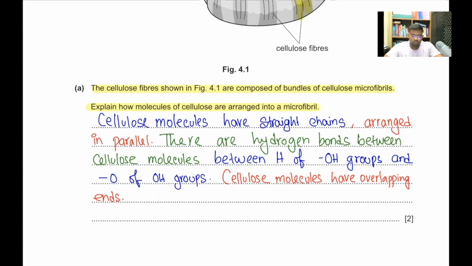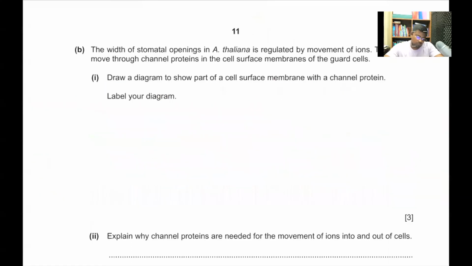Part B. The width of stomatal opening in A. thaliana is regulated by movement of ions. These ions move through channel protein in the cell surface membrane of the guard cells. Draw a diagram to show part of the cell surface membrane with a channel protein, and then label the diagram.